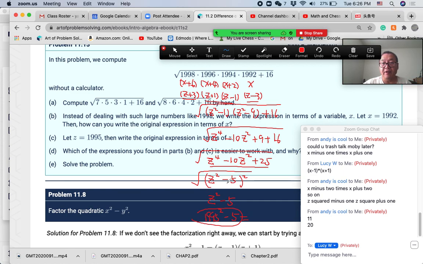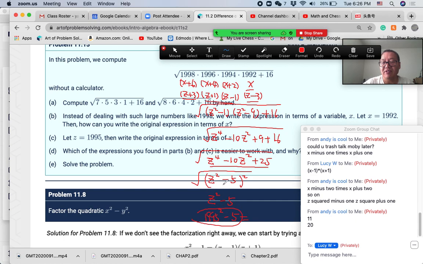So if you set this one as x, the smallest one, that would not help you a lot. But if you set the middle number, 1995, as a variable, then you can simplify this one to this.